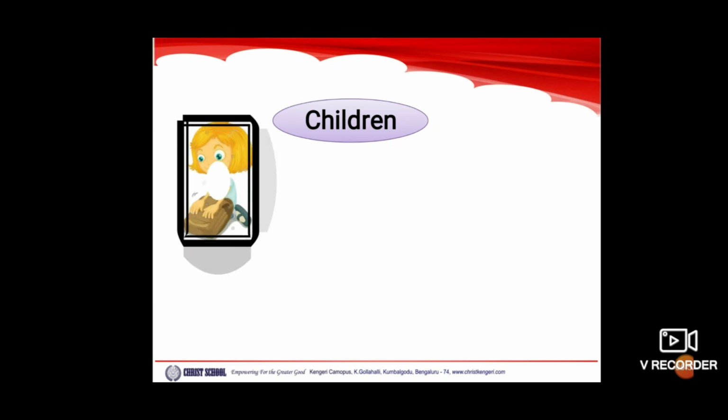Now, as children, that is you people, what will you do? What is your responsibility? Well, you have to reduce the burden of the parents and help them in their daily work. So the first thing you have to do on your own is set your bag. Whenever you have to go to school, you shouldn't depend on your parents to pack the bag.